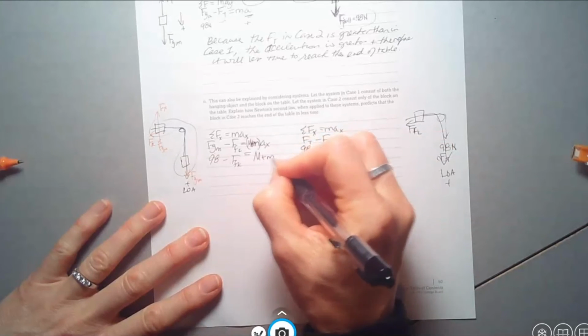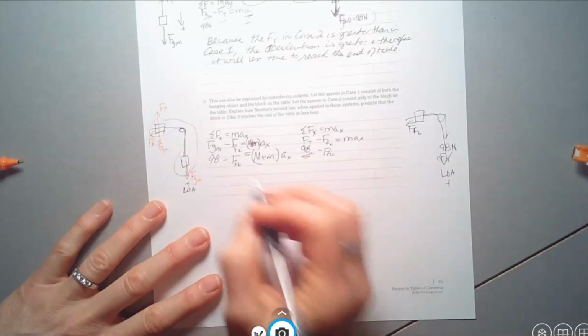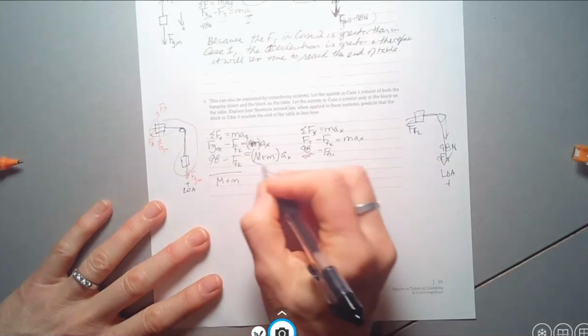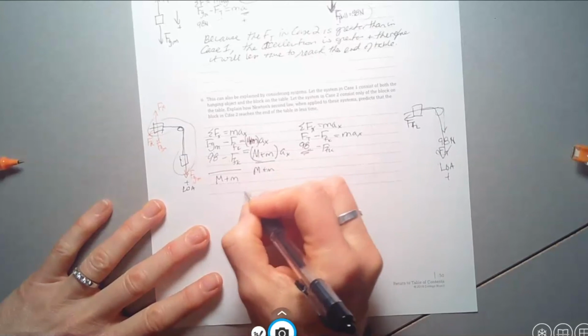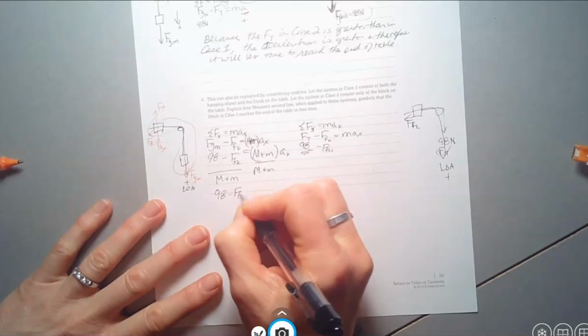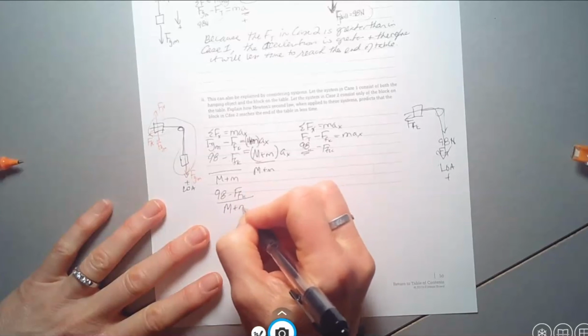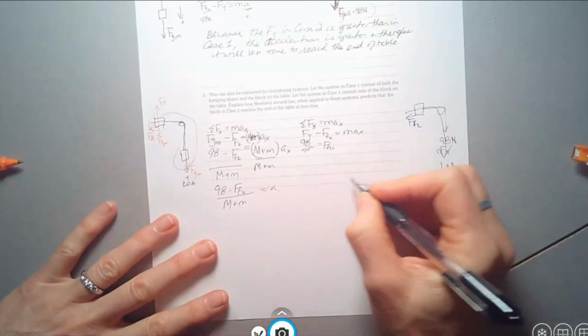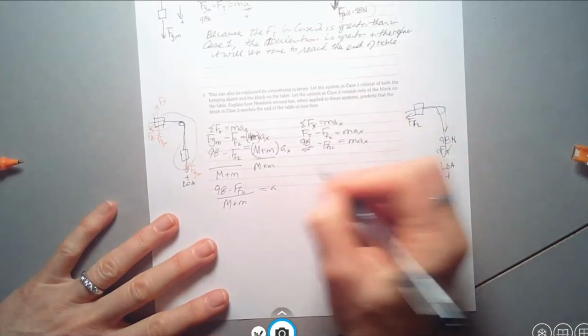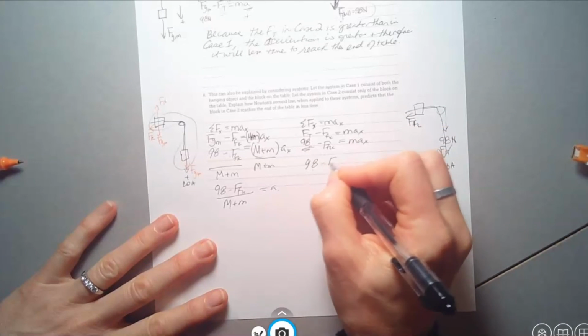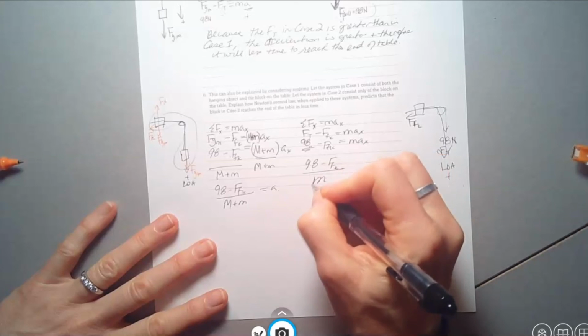But look at this. This has two masses it's dragging along. So I'm dividing. I get 98 minus F_fk over m plus M equals your acceleration. This one is 98 minus F_fk over just the big M, right?